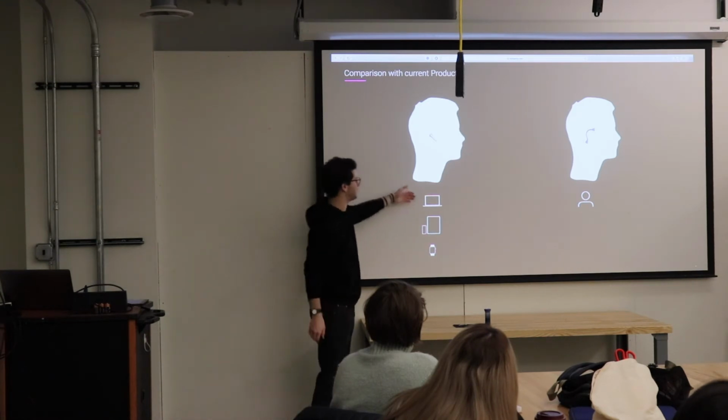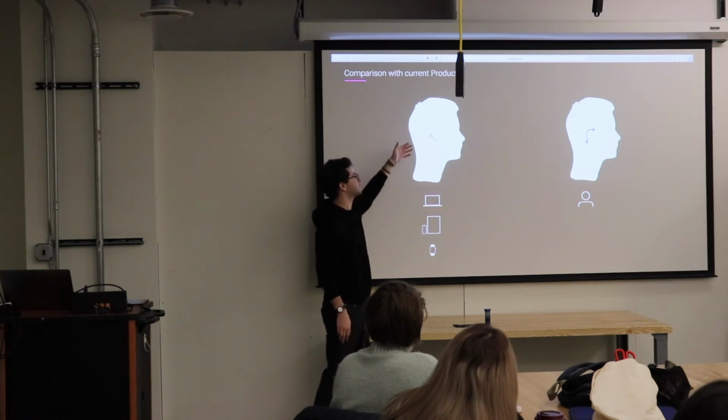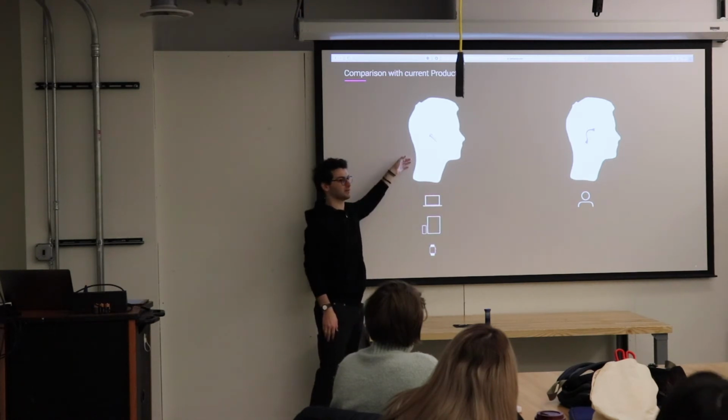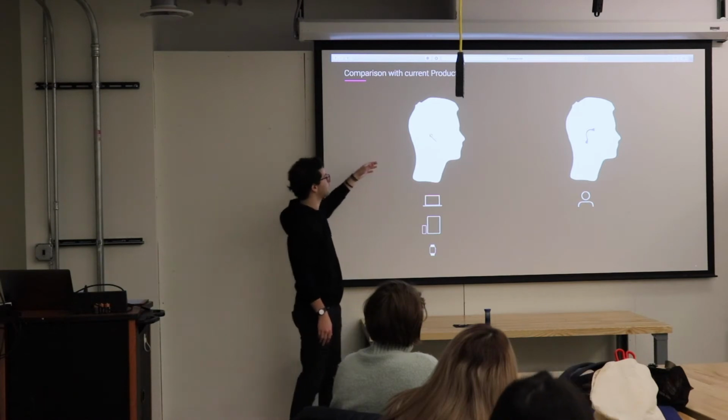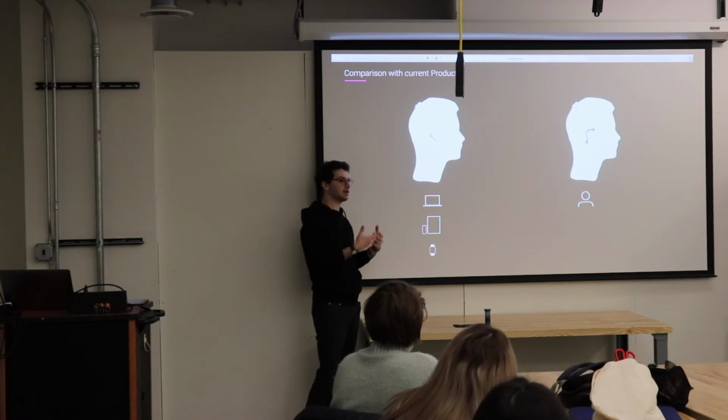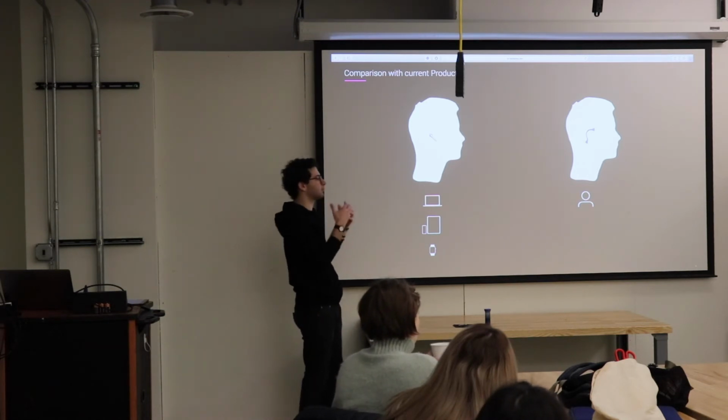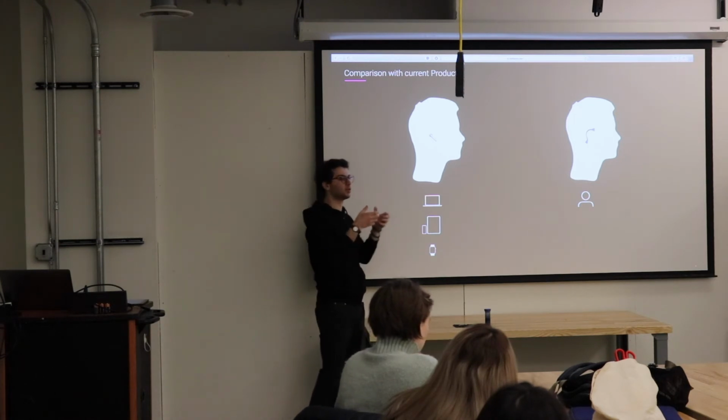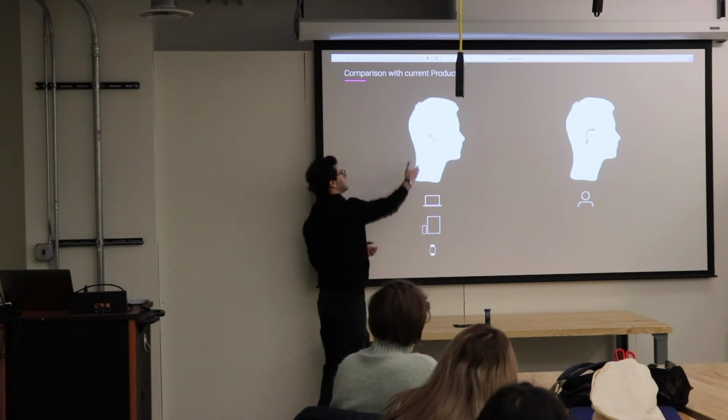You don't need other objects. It's just you, and you wear it as if you were wearing headphones. So it doesn't change the user behavior. That's why it has soft impact. It doesn't change the way you approach the thing or the behavior you need to wear it, because you wear it as headphones.